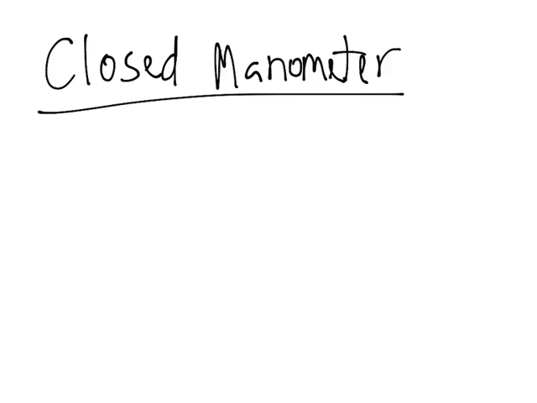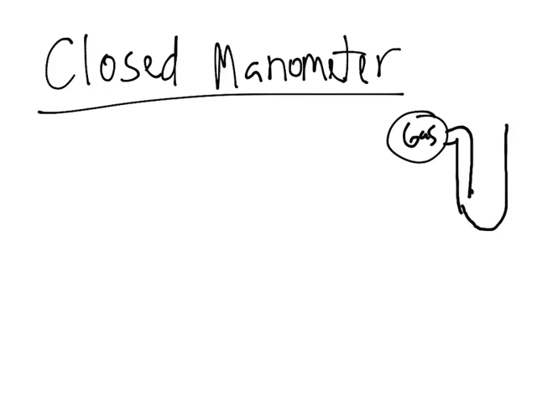And it'll be something like this. So you have your gas here, and this will be connected to a tube. It'll go like this, but this is closed. So this section is closed.